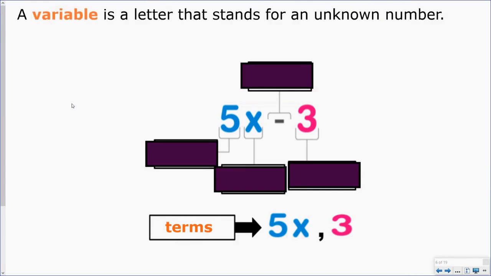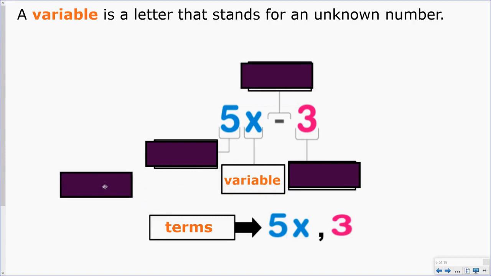A variable is a letter that stands for an unknown number. So the part of the expression that changes is our variable. And in this case, our variable is the x. So the x in our expression is going to change depending on the numbers that we use.